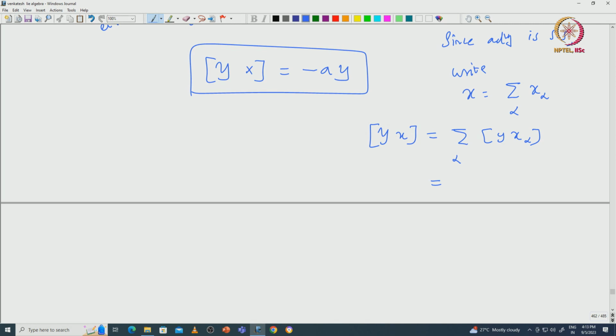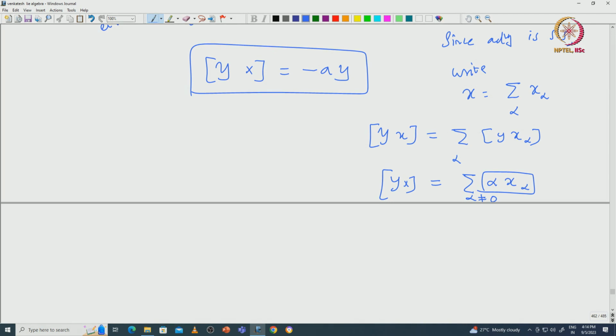So, [y, x_alpha] gives us the summation of alpha times x_alpha. In this equation, alpha must be non-zero. Whenever alpha is 0, we get alpha x_alpha being 0. So that means [y, x] corresponds only to the sum of alpha x_alpha where alpha is non-zero.